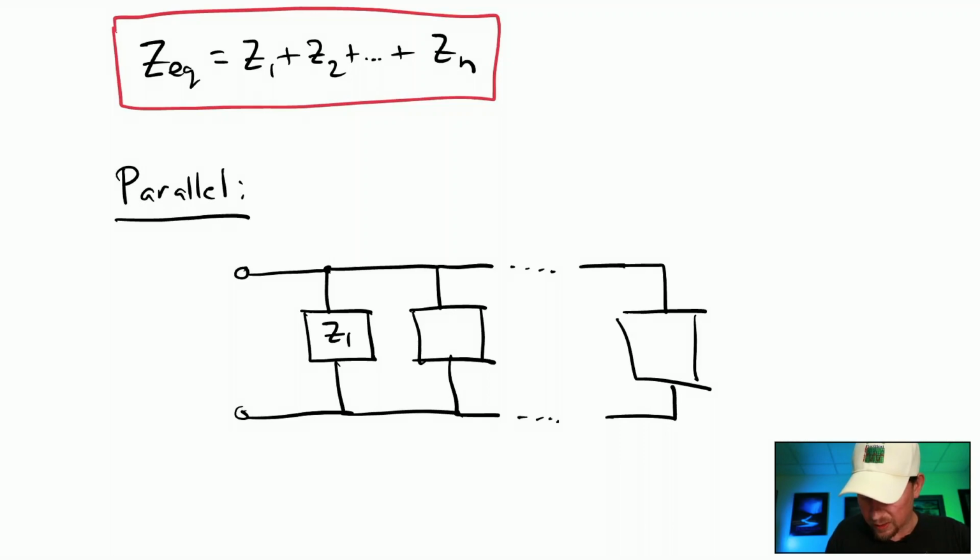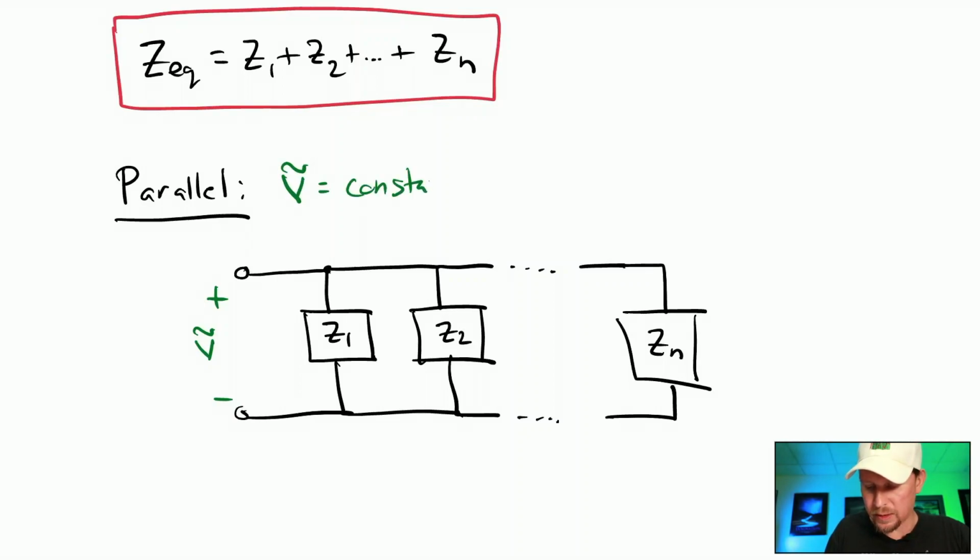Suppose that this is an impedance Z1 all the way up to Zn. Now, if there happens to be a phasor voltage across this, then by KVL around every single last one of those loops, you can conclude that this phasor voltage is constant for all of them.